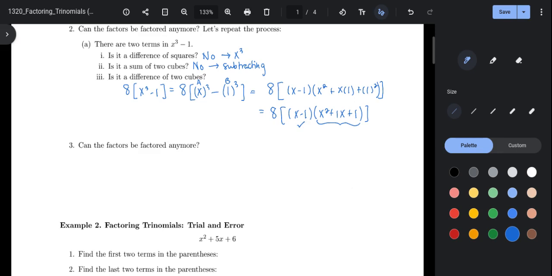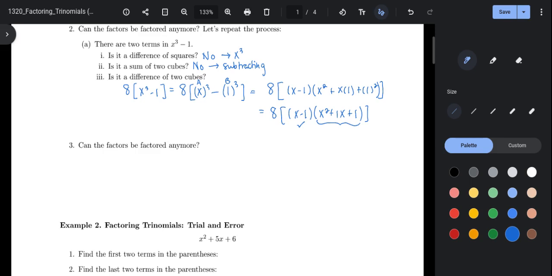But if I think about this factor x squared plus x plus 1, it's not a square of a sum, and it's not a square of a difference. And those were two possibilities we could have. So now, since it's neither of those, we can look at all possible combinations, and we can look at this with trial and error. Now, we haven't gone over trial and error quite yet, and I'll be looking at that exclusively in this next example.